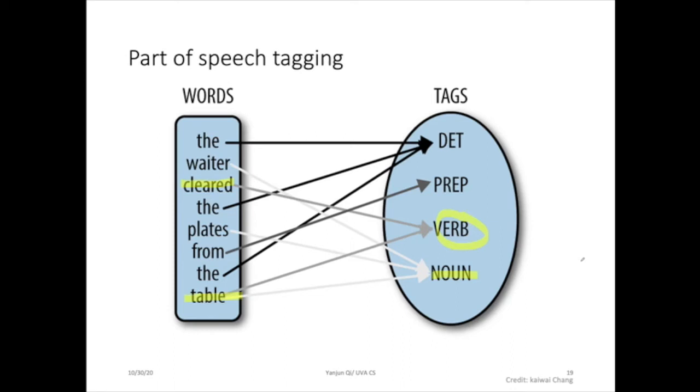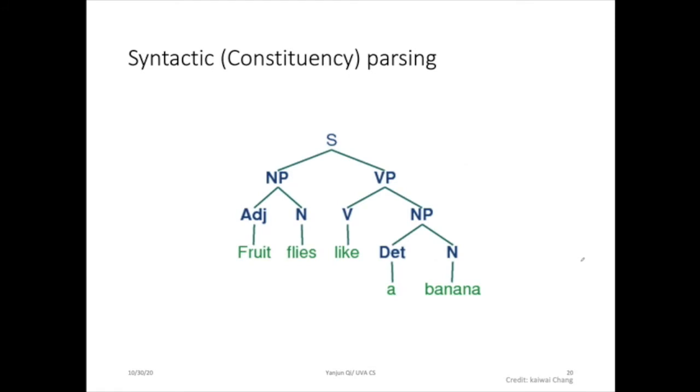And then the next level is the composition, the relationships among the part of speech tags, right? So this is the noun phrase. The noun phrase in this sentence includes an adjective and a noun. And then a verb phrase includes a verb and a noun phrase.